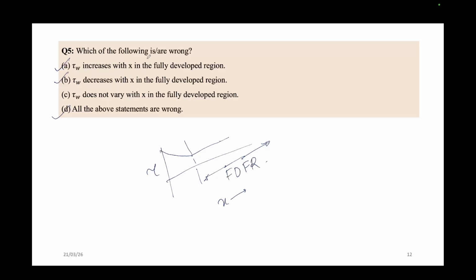So option A is a wrong statement, that's why it is the correct answer here. Similarly, option B and option D are the correct answers because option C is fundamentally correct, so it can't be wrong. So option D will also be an answer. So these are the three answers here. Okay.